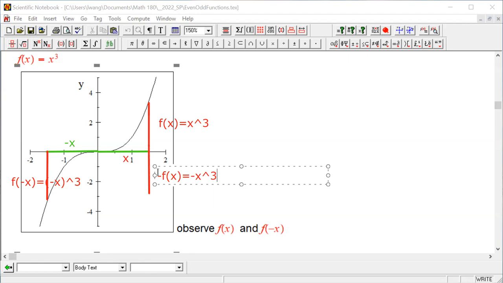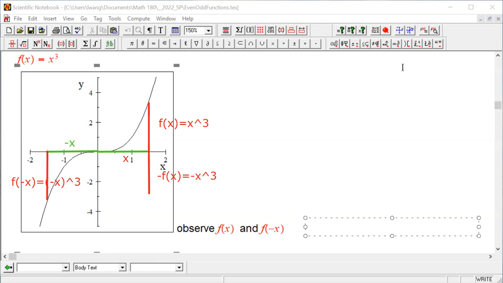You can see these two are the same. This quantity, negative x raised to the power 3, and the negative of x to the power 3, they're the same quantity.